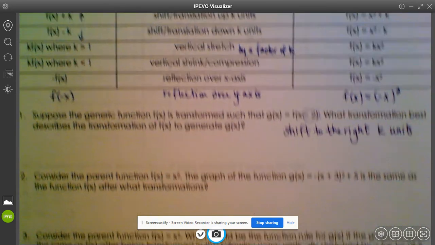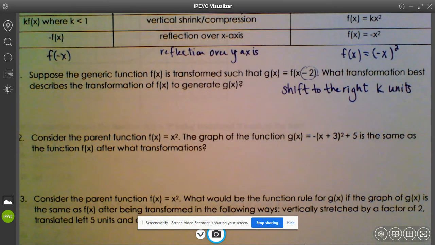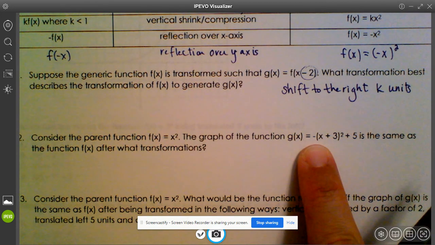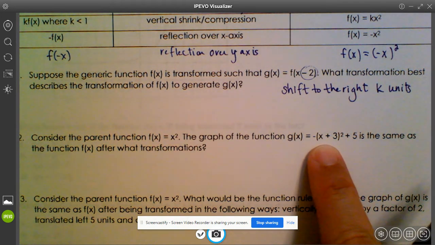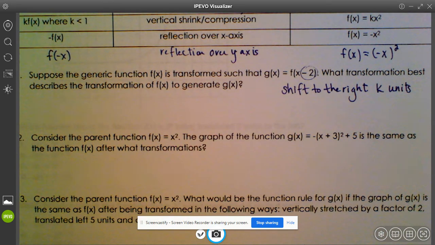Let's consider the parent function f of x equals x squared. The graph of the function, the negative of x plus 3 squared plus 5, is the same as the function f of x after what transformations? Well, here's what we need to notice. There are actually 3 transformations happening here. And in order to do this, you should follow the order of operations, okay?